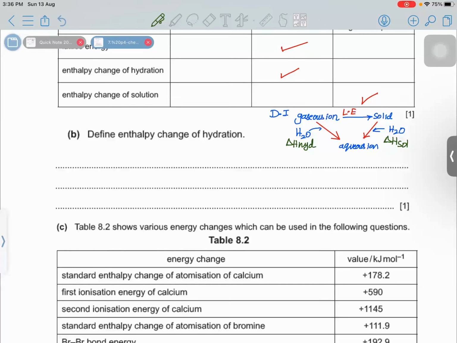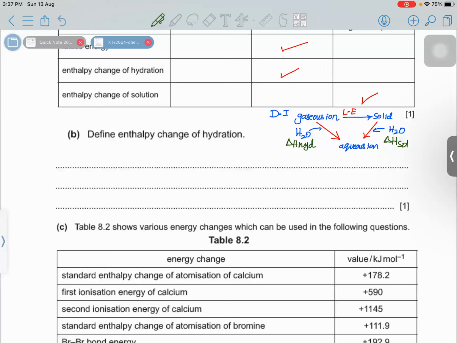Water is added to 1 mole of gaseous ions to form aqueous ions under standard conditions. Yes, but whenever water is added and aqueous ions are formed, enthalpy is released.